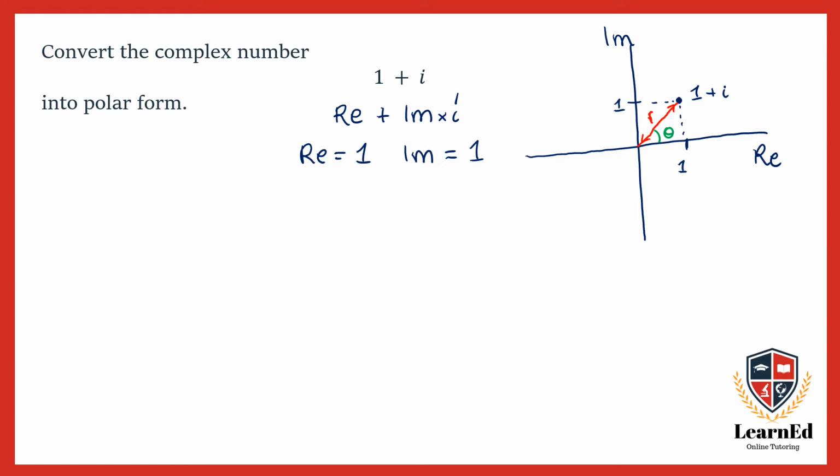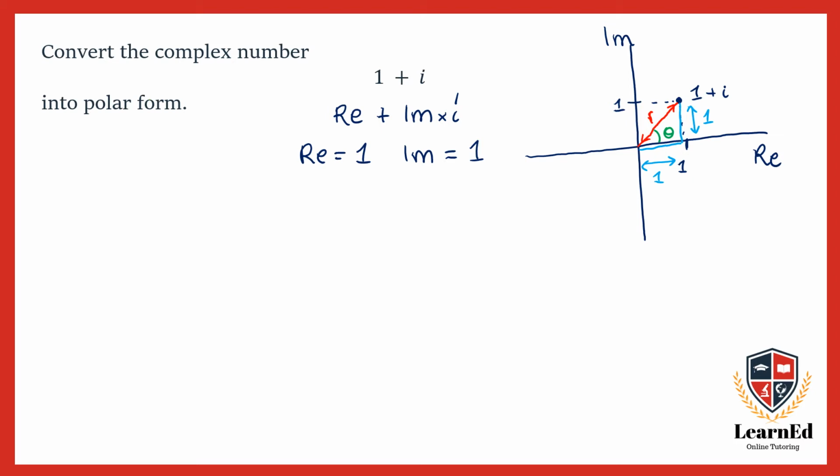Looking at just r first, the distance that the coordinate has from the origin, we can see that this forms a right angle. We know it has a distance from here to here of 1 and a distance from here to here of 1. When you have a right-angled triangle, we can apply Pythagoras' theorem.